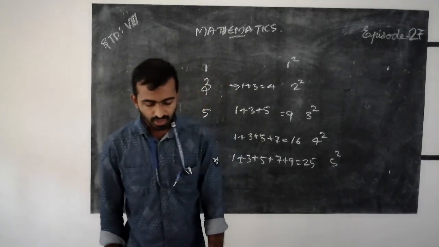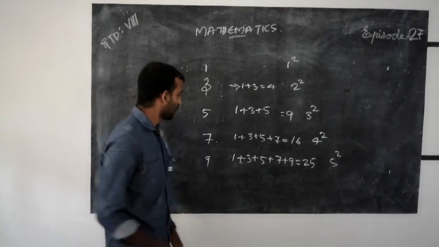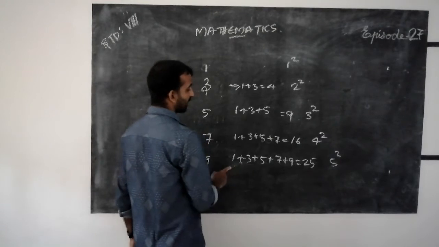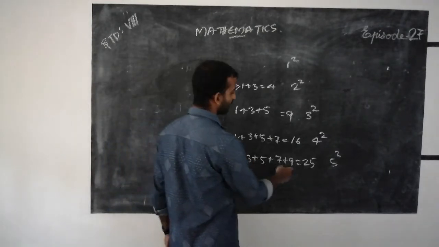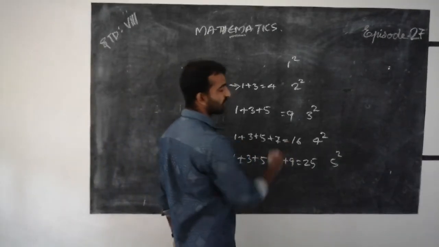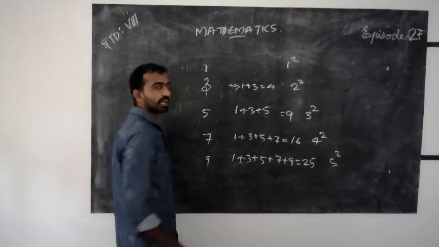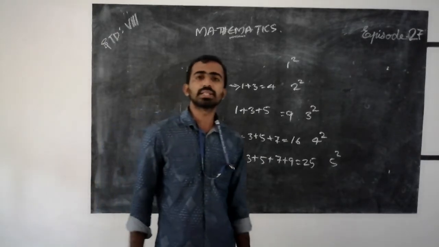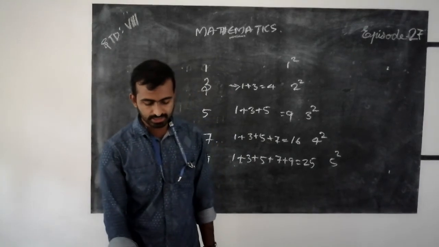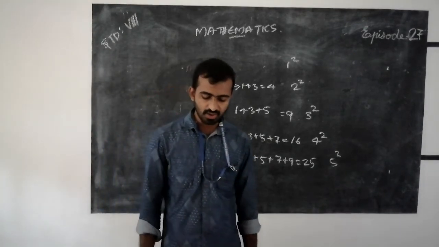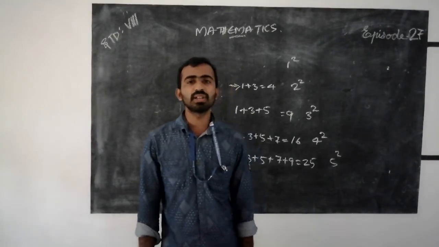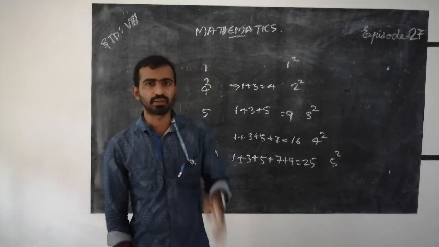Here the number of odd numbers is 1, 2, 3, 4, 5, and we get 5 square. Here it is 4, we get 4 square. With 3 odd numbers we get 3 square. So we can say in general that the sum of the first n odd natural numbers is n square.